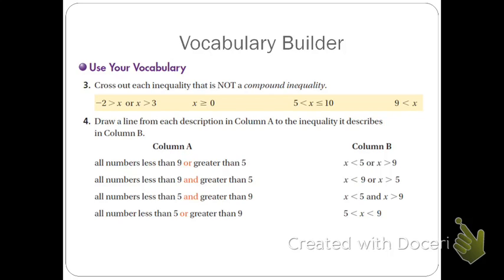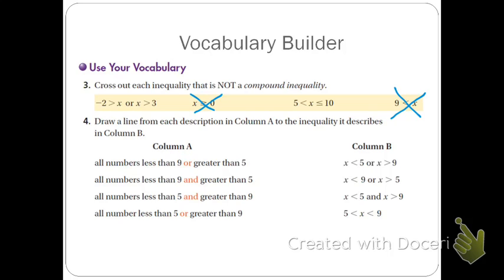I only see one inequality, and we don't see an and or an or, so that is not a compound inequality. The next one, I see two inequality symbols, so therefore it is compound, and the last one is not, because it only has one inequality symbol. So it says cross out the ones that are not compound inequalities. That's what we did there.